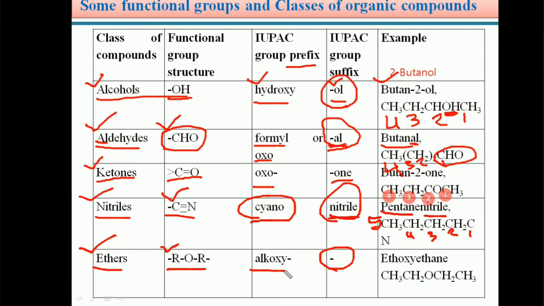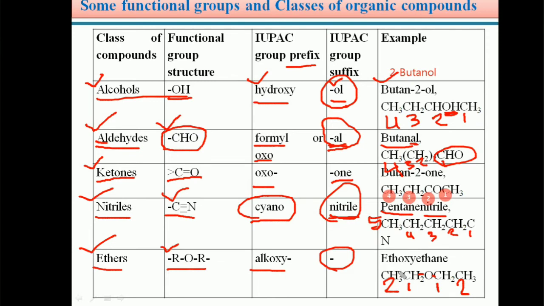Alkoxy. For example, students, consider ethoxyethane. Here you can give numbering 1, 2. Between this carbon and this carbon, oxygen is present. There is no direct bond between these 4 carbons; there is a direct bond between 2 carbons only.